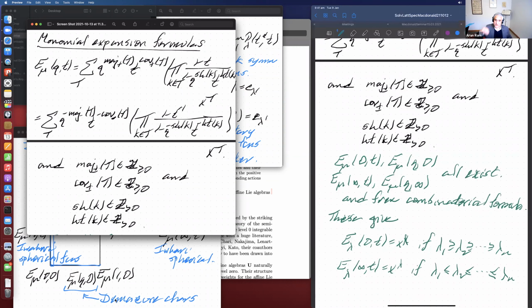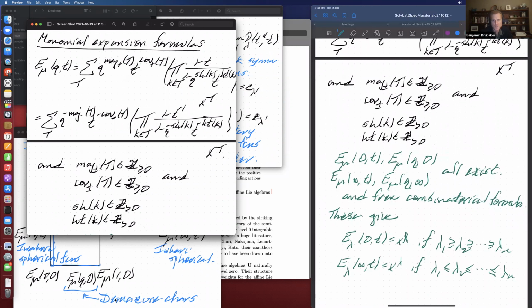You can either start with the dominant x lambda, or you could start with an anti-dominant x lambda and build your Demazure character upside down, right? So these two results are actually important, because I have to know that the E's are trying to be Demazure characters, at least in the limit, at least at the starting points. So I haven't got very far yet, but I'm making progress in getting going.